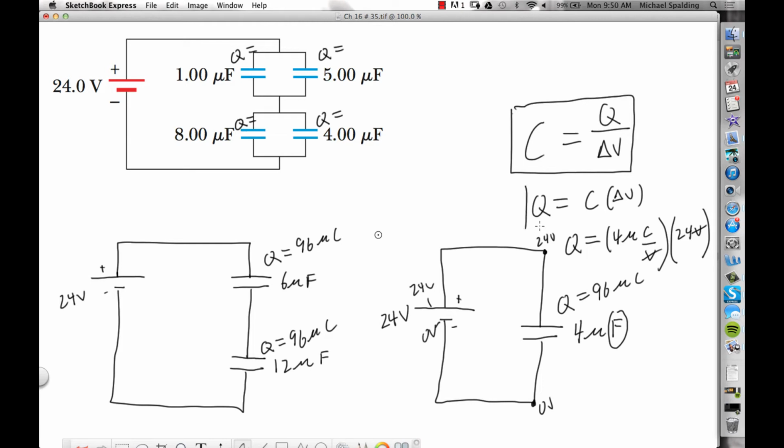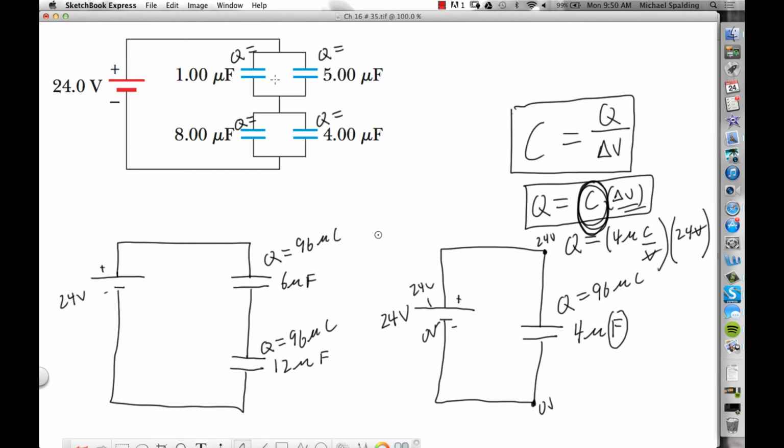So charge is going to be capacitance times voltage. We already have the capacitance of each of the capacitors, right? We already have this C right here. So now what we got to figure out is what's the voltage across each of these capacitors. Does that make sense?